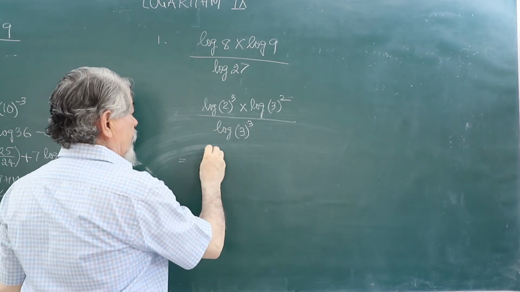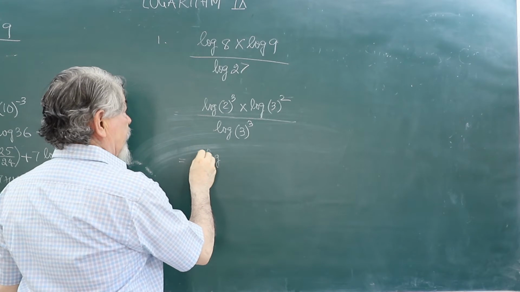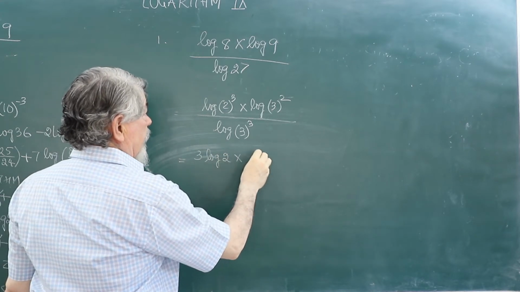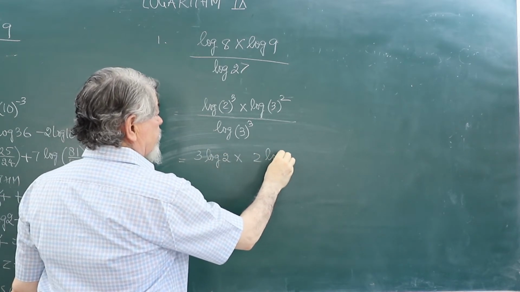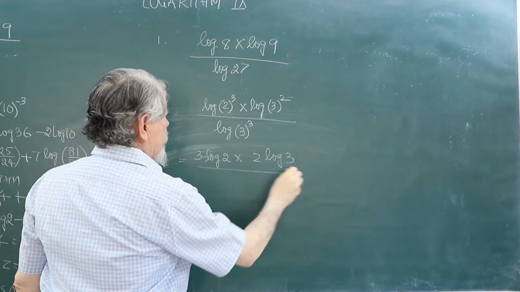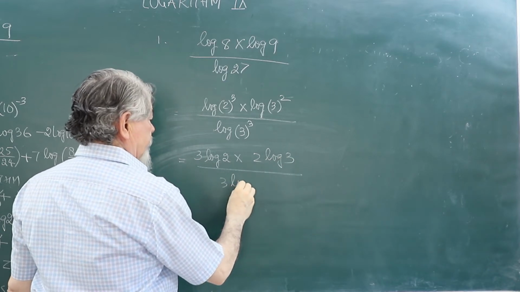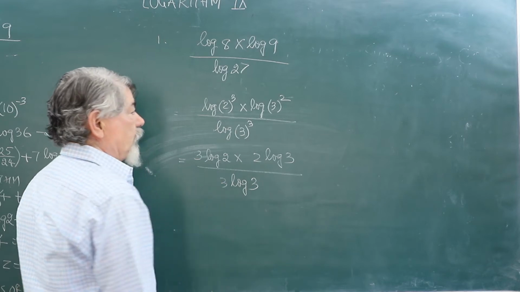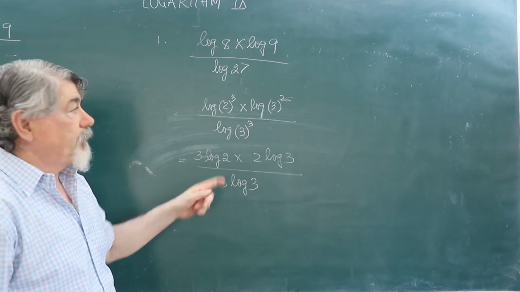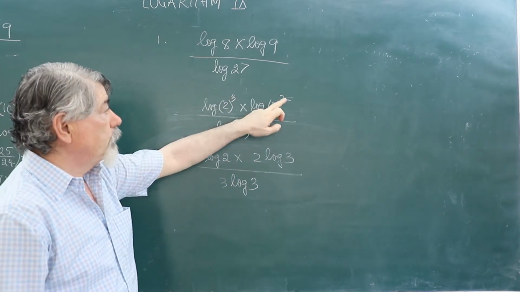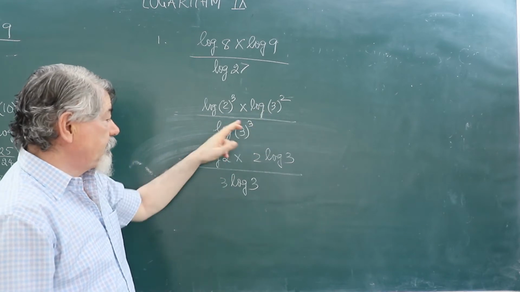Next step, 3 log 2 into 2 log 3 upon 3 log 3. Power law: the power can be brought as a multiple. 3 log 2, 2 log 3 and 3 log 3.